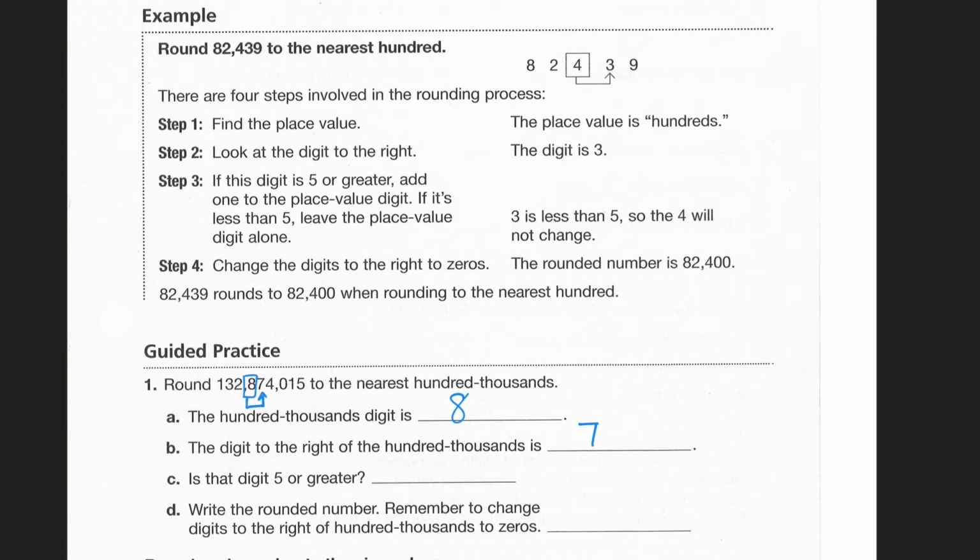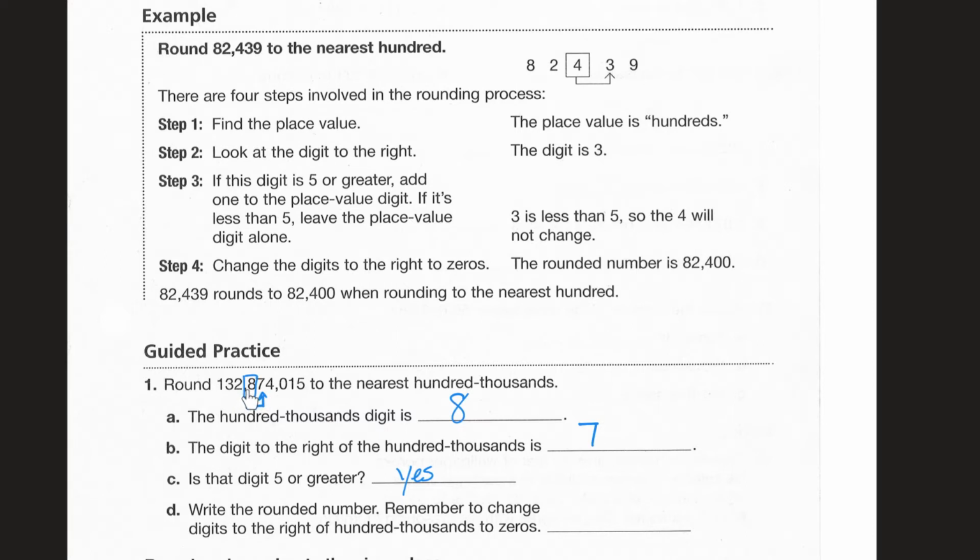It's a 7. And then the next step is, if the digit is 5 or greater, add 1 to the place value digit. Is that digit 5 or greater? So is the 7 5 or greater? Yes. So what that means is, since this was 5 or greater, that gets bumped up 1 to 9.